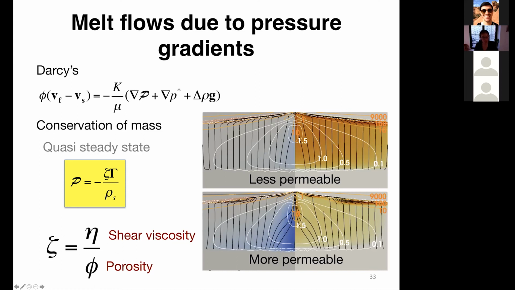Because of this inverse relationship, for the less permeable case, you have higher porosity, which means your bulk viscosity is lower, and so your compaction pressure magnitude is lower as well. So it actually comes out of the physics really nicely, which is not very often the case. We were very excited that we can explain this very elegantly.